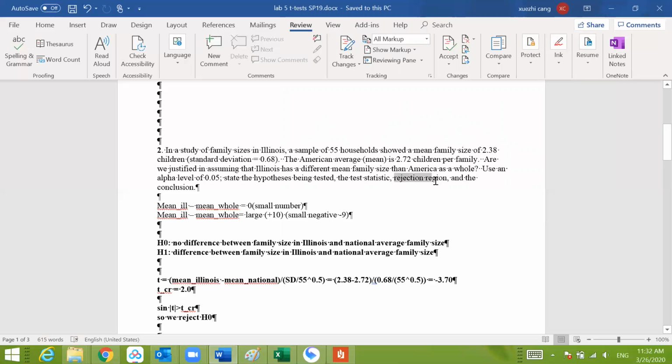This question also asks you what the reject region is. So the reject region for this question is smaller than -2 or greater than +2. So that is all the answer you need for question 2.